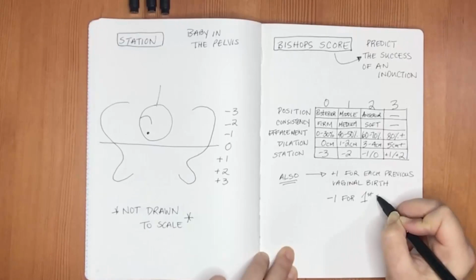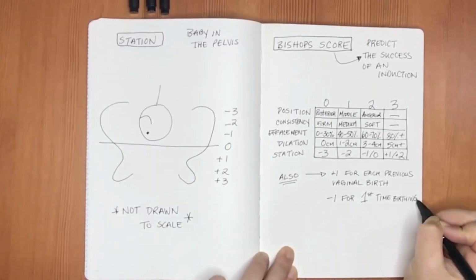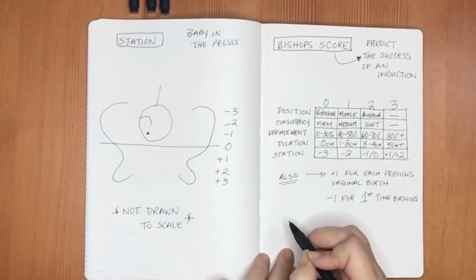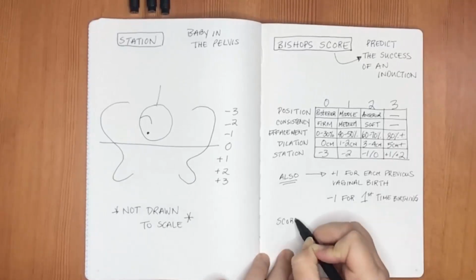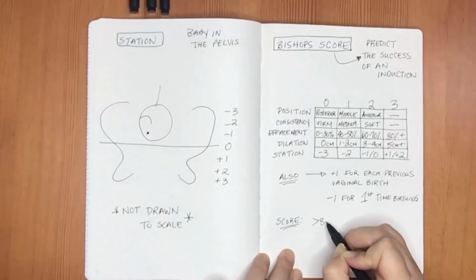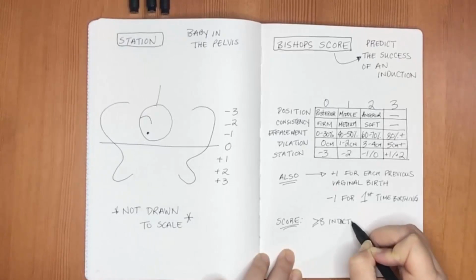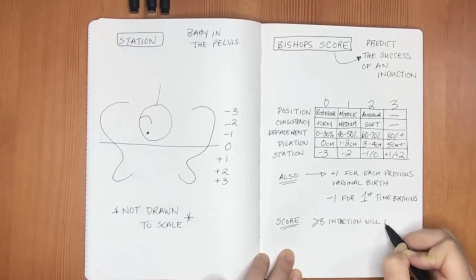So you find out all of this information, you add up all of your numbers, and then what we do is look at the results. Greater than an 8 will predict or indicate that your induction will likely be successful.